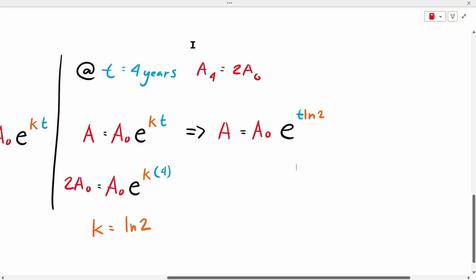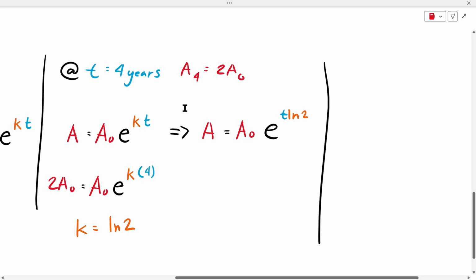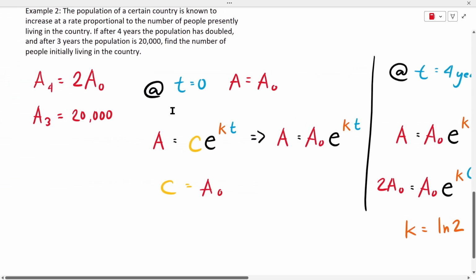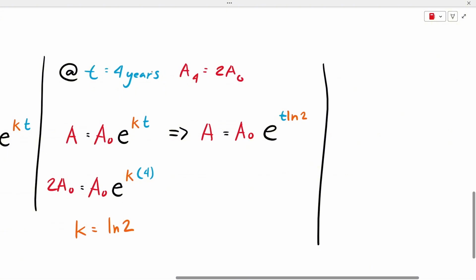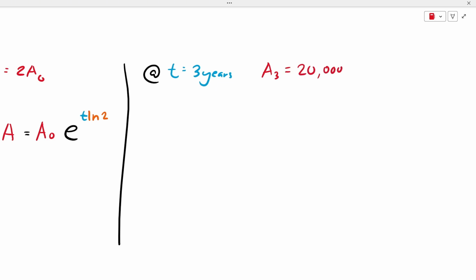Next, at year 3, the population A sub 3 is equal to 20,000.